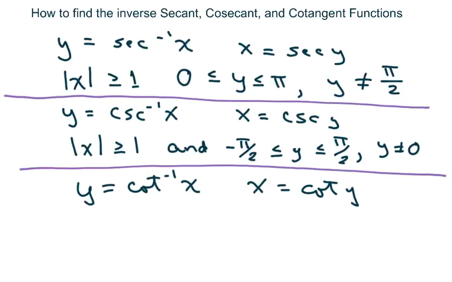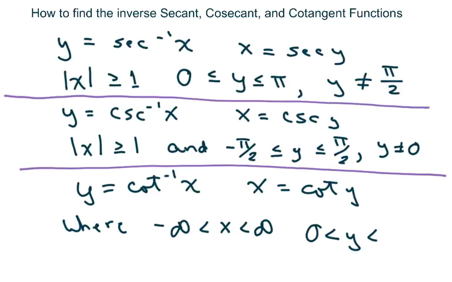Y is my angle, and for cotan, it's kind of like tan, but it's in between. My x is between negative infinity and infinity, which just means all real numbers, and my restrictions on the angle are between 0 and pi. It can't equal 0 or pi because it's undefined there.